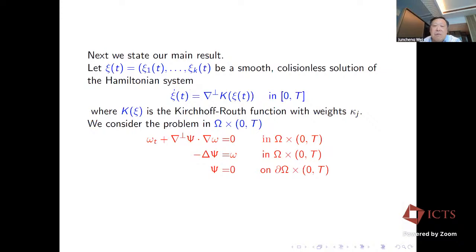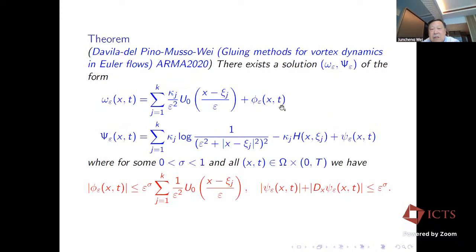And so our main result is very simple. Assume that we have a smooth and coordinationless solution for the Hamiltonian system from 0 to capital T, in some finite time. Then we have a solution to the 2D Euler, and the solution will look like the following.